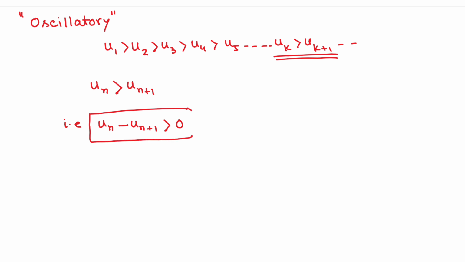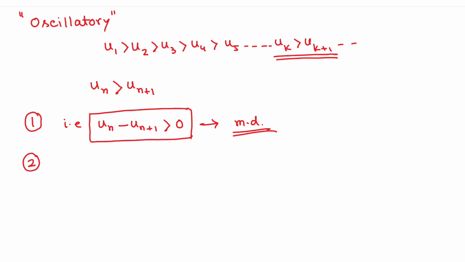So if I can show that the difference between the two numbers un and un plus 1 is positive, then we can show that this is monotone decreasing. M.D. means monotone decreasing. Clear? So first we have to show that un minus un plus 1 is greater than 0, then we can say that this is monotone decreasing.